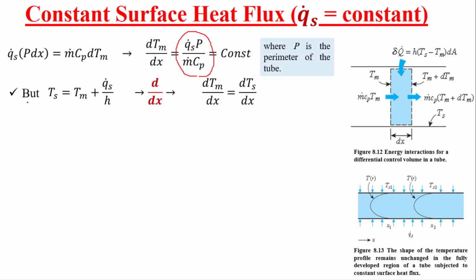Now the other equation, but Ts not equal to T mean, from the heat flux equation, which says that q dot s is equal to h local, or h, multiplied by Ts minus T mean. Just rearrange it in terms of Ts. It will look like this. Take the derivative with respect to x on both sides. So this term is constant, as we mentioned. Now we are talking about the fully developed region, okay?